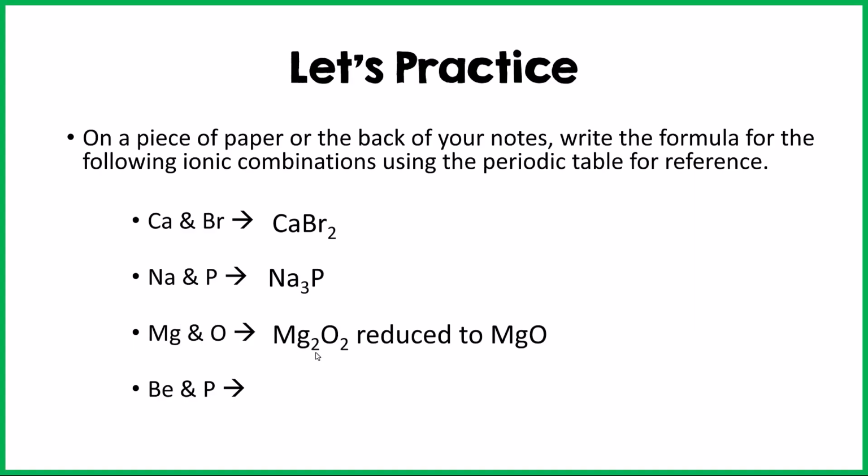They would combine as Mg2O2 if we were just to swap our subscripts, but we always reduce it or write it as MgO with just one atom of magnesium and 1 atom of oxygen, because that's really all it needs. 1 magnesium atom with a +2 charge will balance out 1 oxygen atom with a -2 charge. And then beryllium and phosphorus will combine into Be3P2.